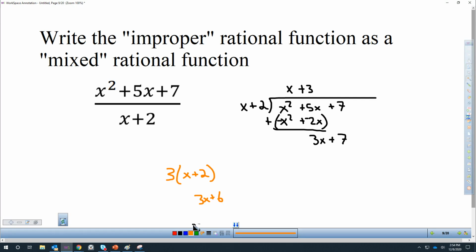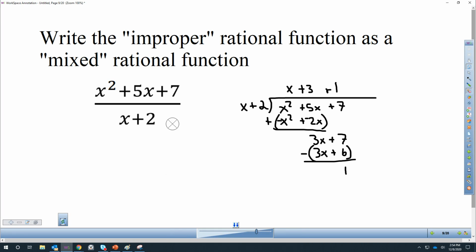So 3x plus 6. I'm going to put that right here. And now I'm going to subtract that from 3x plus 7. So 3x minus 3x is gone. It's 0x. 7 minus 6 is 1. So I have a remainder of 1 when I do my division here.